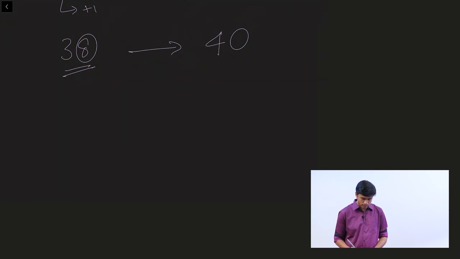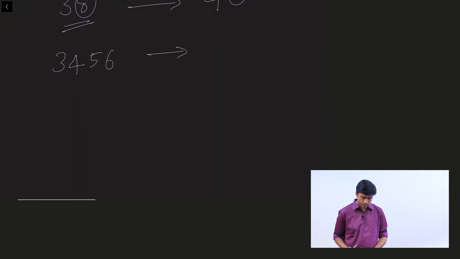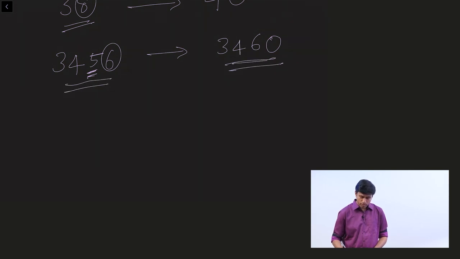How about 3, 4, 5, 6? Just look at the ones place. 6 is greater than 5. So, you put 0 at the ones place, and at the tens place you add 1. 5 becomes 6, and the others you just leave as they are. So 3, 4, 5, 6 is rounded off to 3, 4, 6, 0. That is the nearest 10.